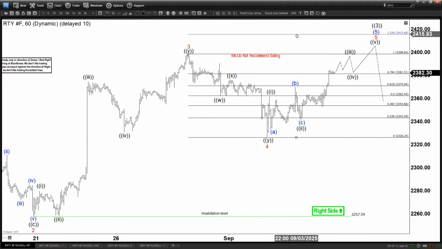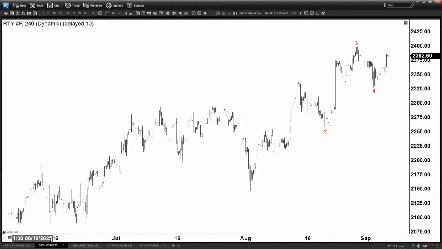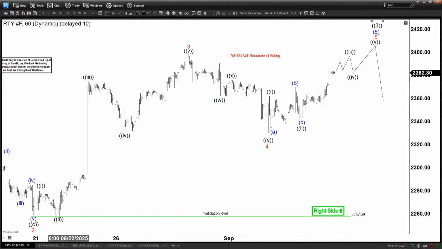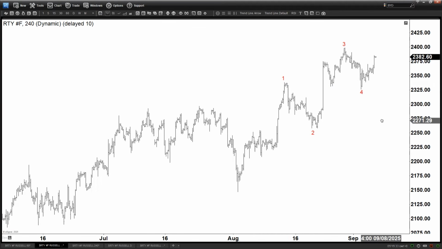Okay, now let's just zoom out on the 4-hour time frame and see where we are. So this is 3 and this is 4, right? This is 2 and this is 1. So you're looking for a diagonal structure here potentially. So there's an overlap here, but that should be okay in a diagonal, right?